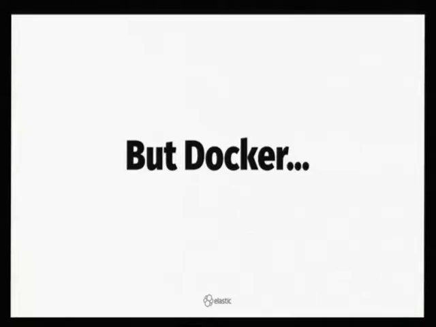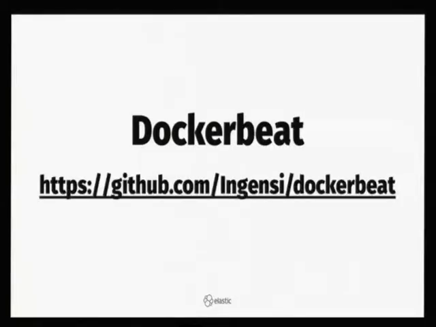And then everybody screams, well, but we want to use Docker. Everybody just wants to do Docker. We know, or at least somebody from the community knows. And they created a community beat called Docker Beat, which would just use the Docker API to collect all the information from Docker. And they had a 1.0 release, and they wrote a blog post on our blog.